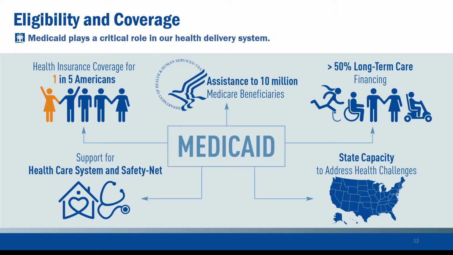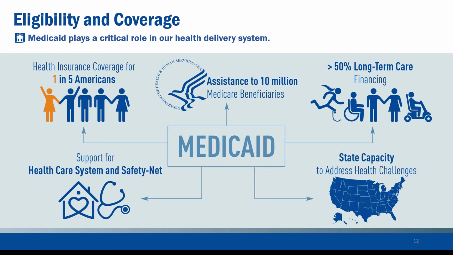This graphic provides you with a great viewpoint of how Medicaid plays a critical role in our health delivery system. One important and critical aspect about Medicaid is that it supports our healthcare system and safety net. It provides health insurance coverage for 1 in 5 Americans. It provides incredible assistance to over 10 million Medicare beneficiaries, and it allows the states to have the capacity to address health challenges.